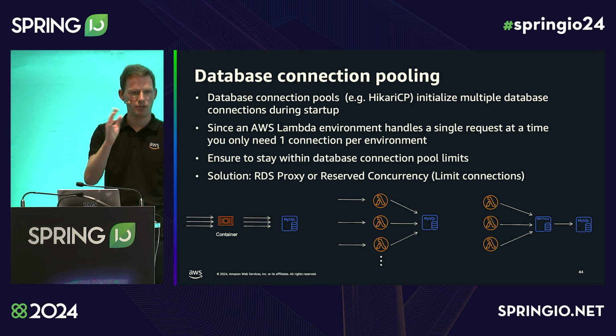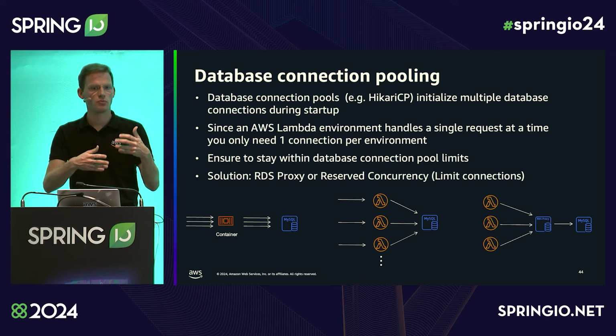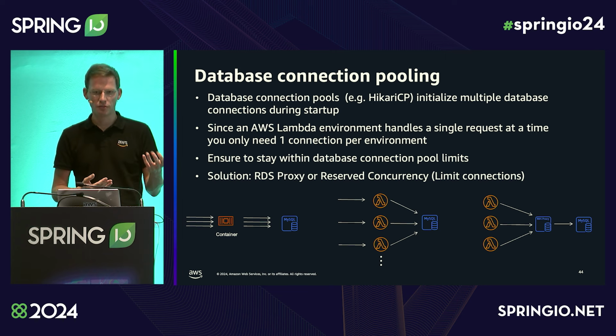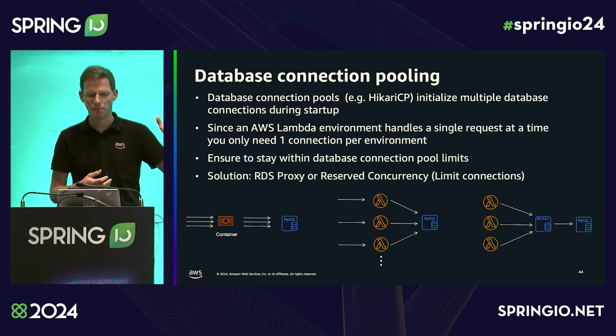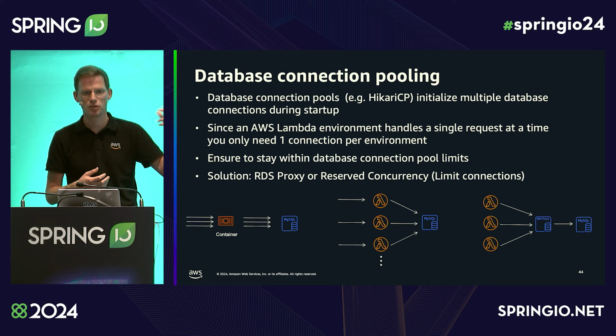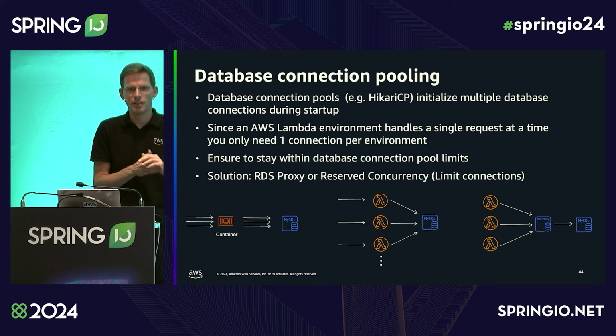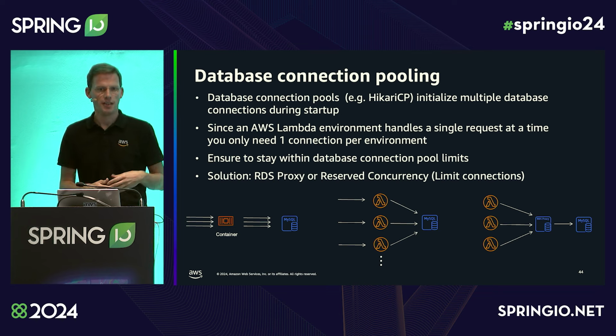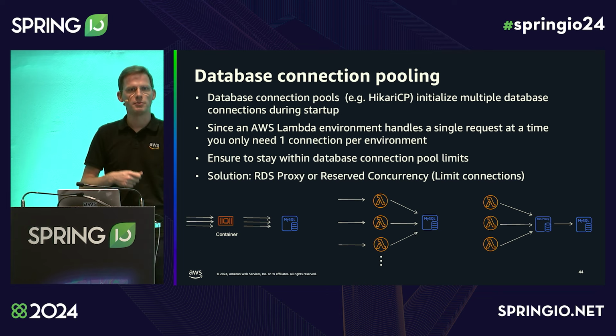So you have your containers there, then there's a connection pool, and connections are being reused. With Lambda, this is working differently. For every request, you have a different execution environment, which means potentially, if your app scales out and you have many concurrent requests, each of the execution environments will consume its own database connection, right?